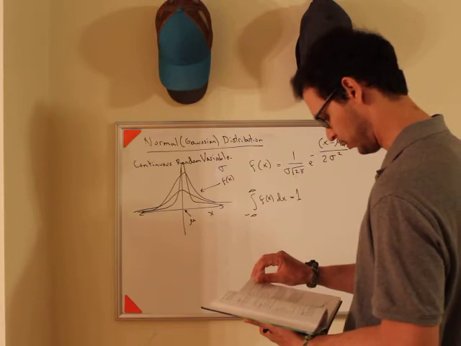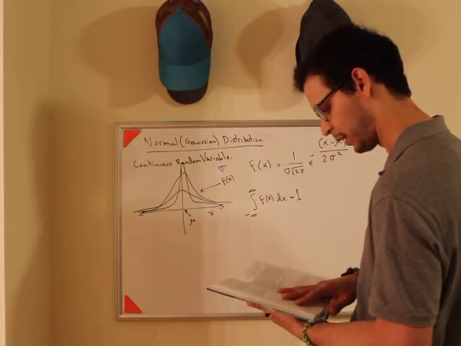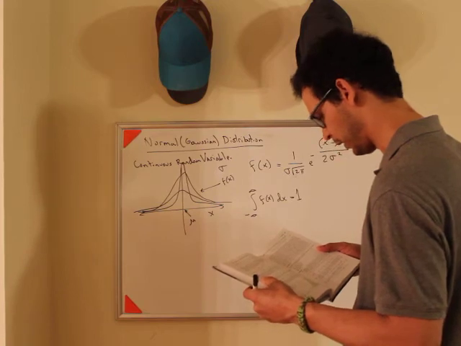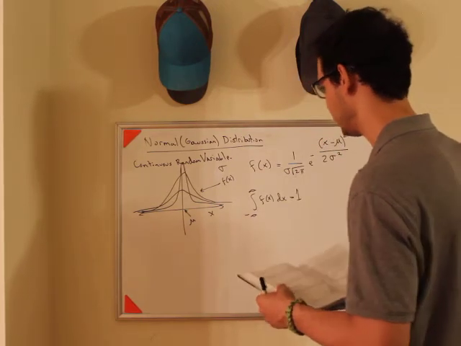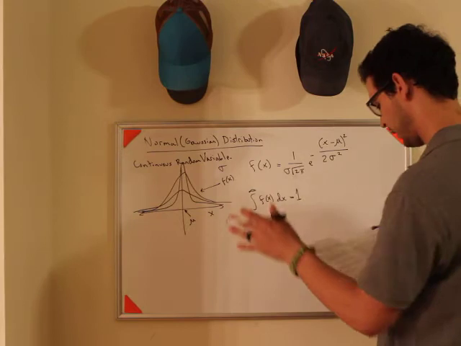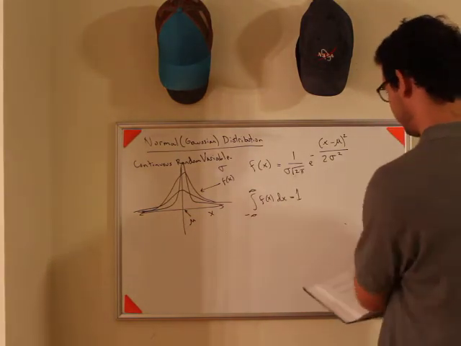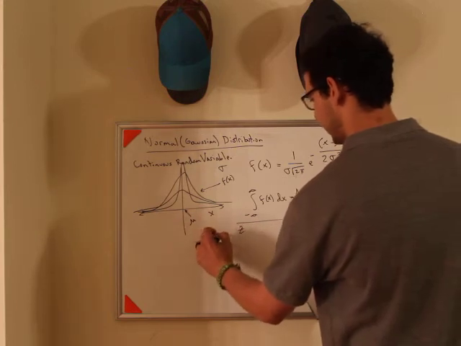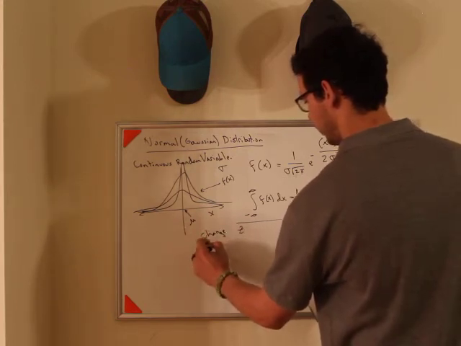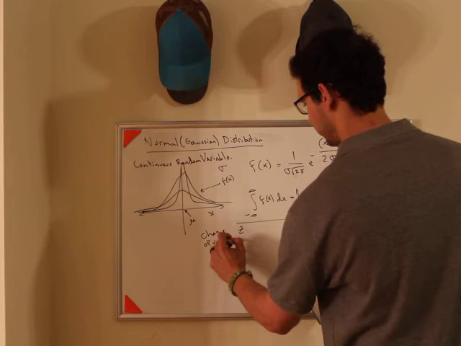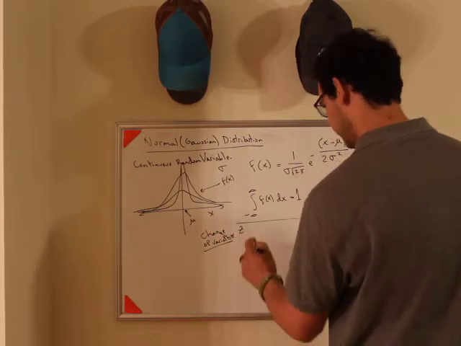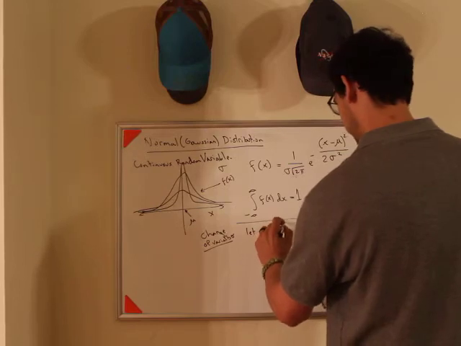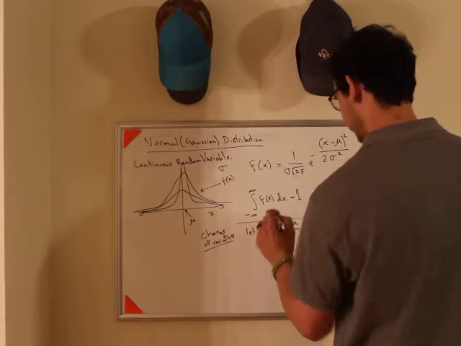Let's see, what other interesting properties do I want to talk about? There is something called the z-table, which is a better way to represent the distribution. It's basically a change of variables. And what they do is they say, let z equal x minus mu over sigma.